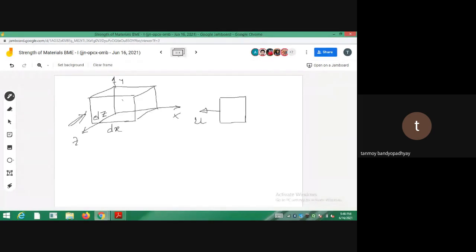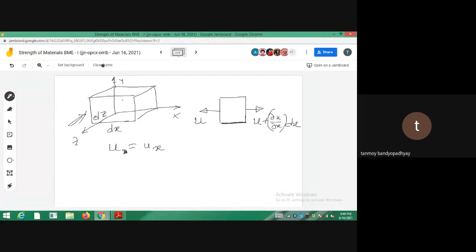The x directional displacement, let it be u or ux, whatever you like. On the other side, it should be u plus del u by del x into dx. This is actually the Taylor series expansion. On the left side you have the displacement u equal to ux.